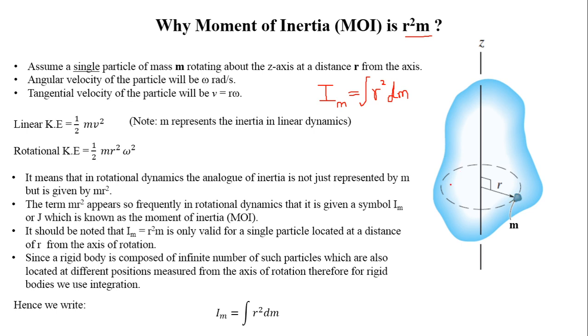It is rotating about this axis z at a distance r. Please note that this distance r is a fixed distance. As this particle rotates around this axis, it is always at a fixed distance r.